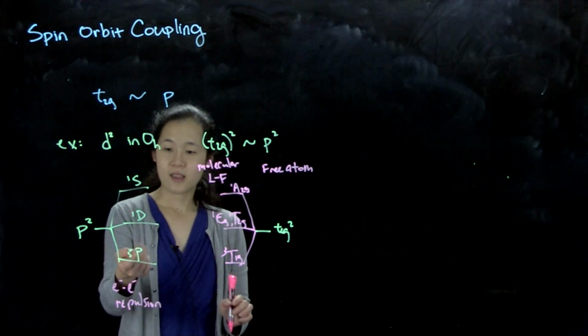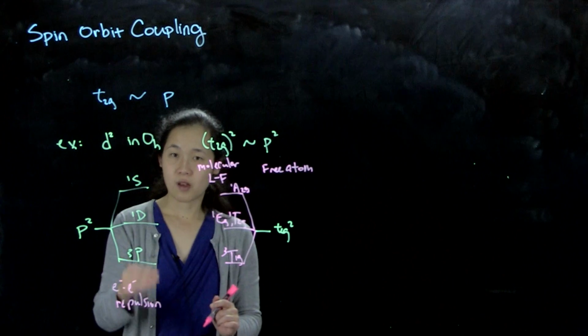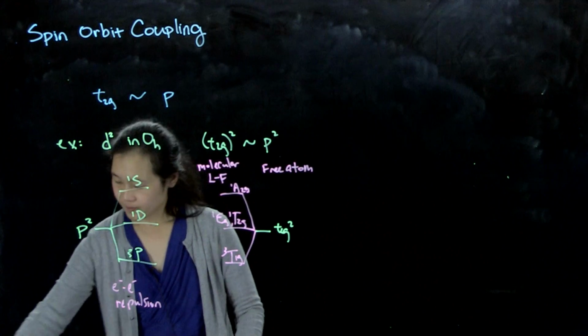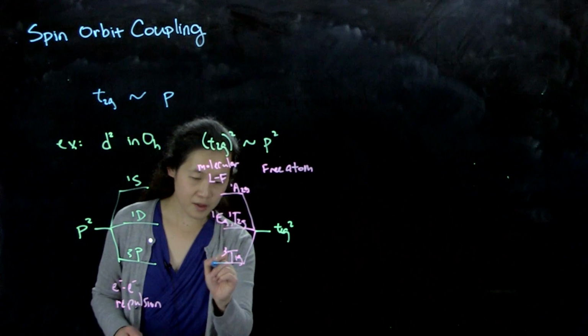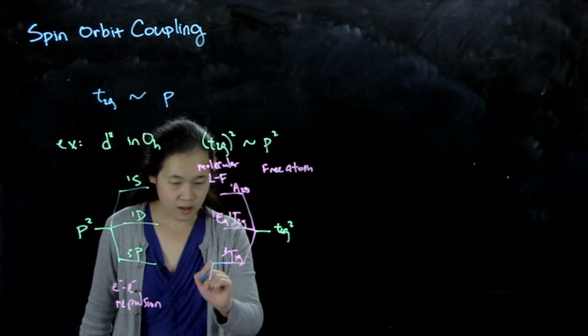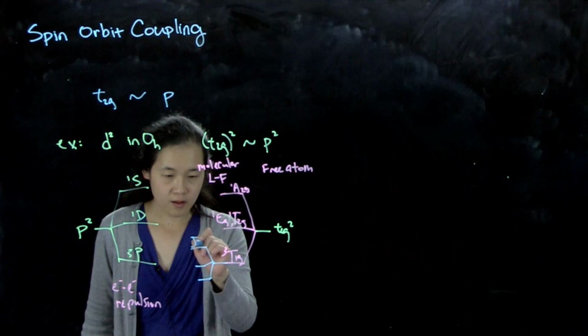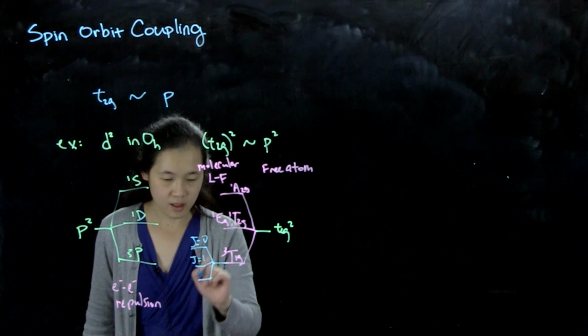Just like this one must split into J equals 0, J equals 1, J equals 2 once we apply spin-orbit coupling, this one can also split into J equals 0, J equals 1, J equals 2.